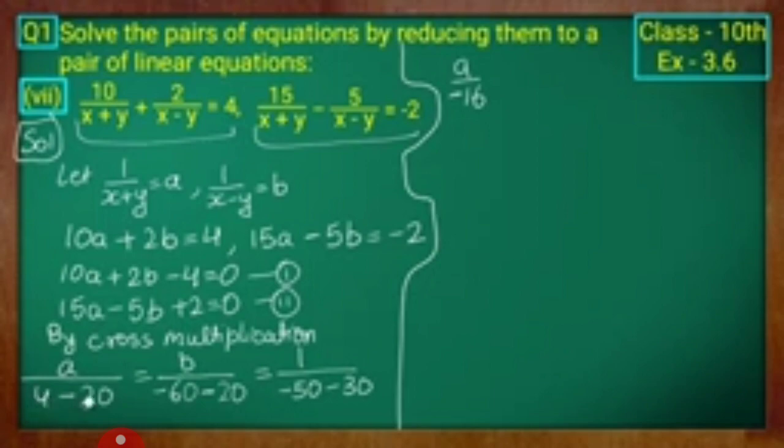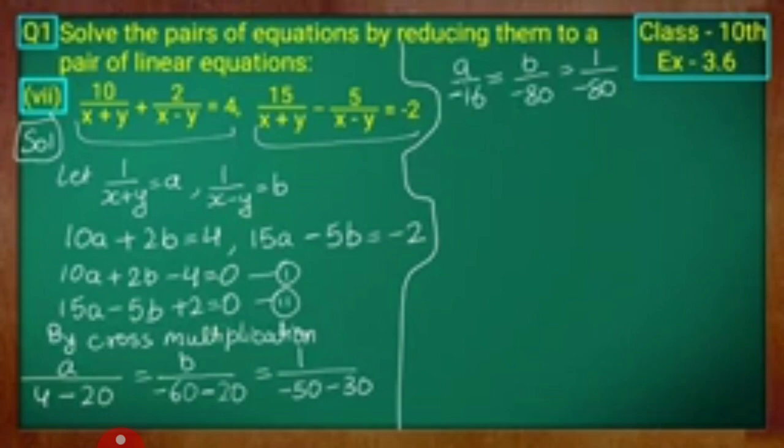Now simplify the denominators in each and every term. So next step: a upon minus 60 is equal to b upon minus 60 minus 20, it would be minus 80, is equal to 1 upon minus 50 minus 30, it could be written as minus 80.